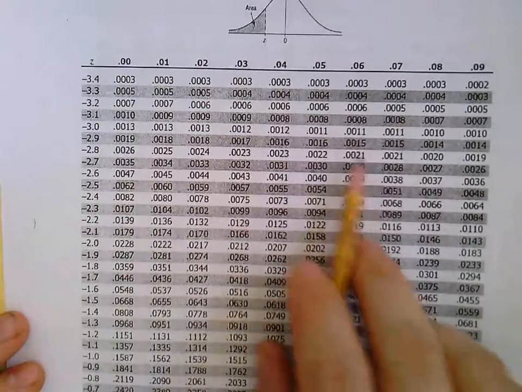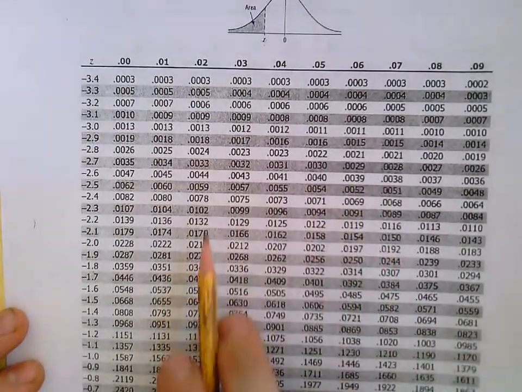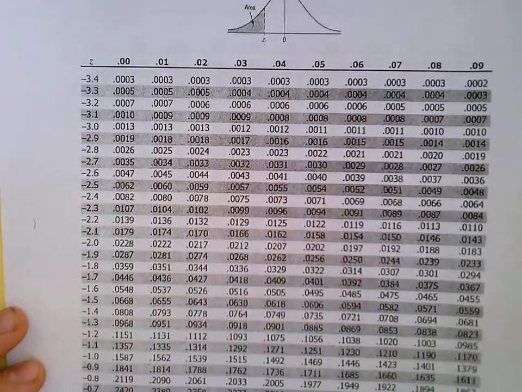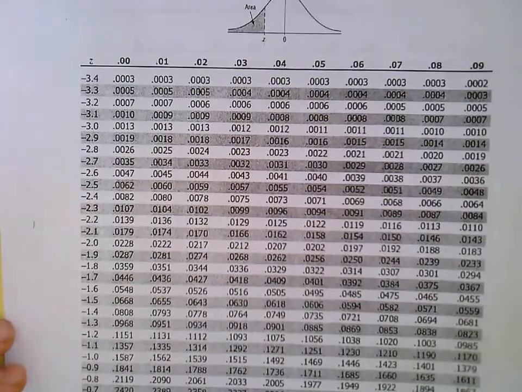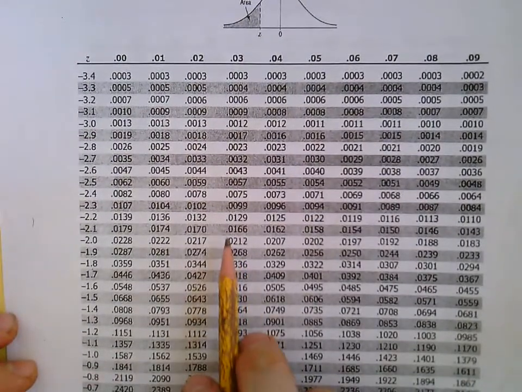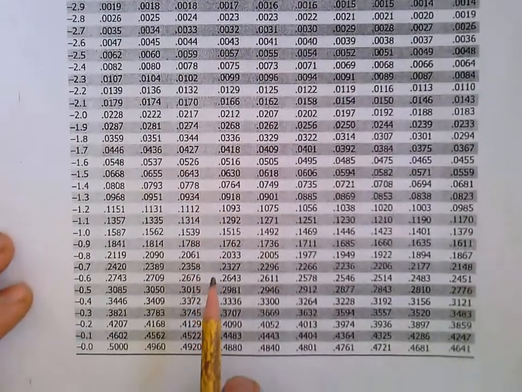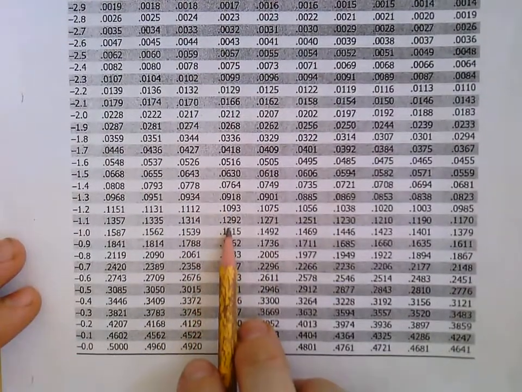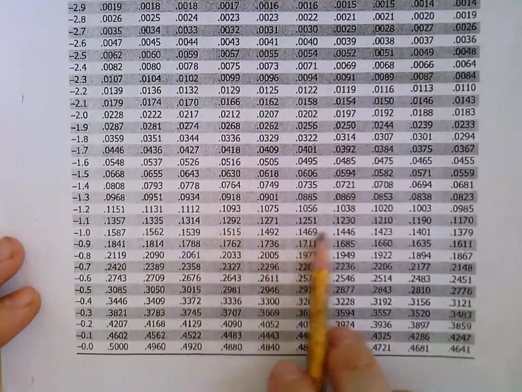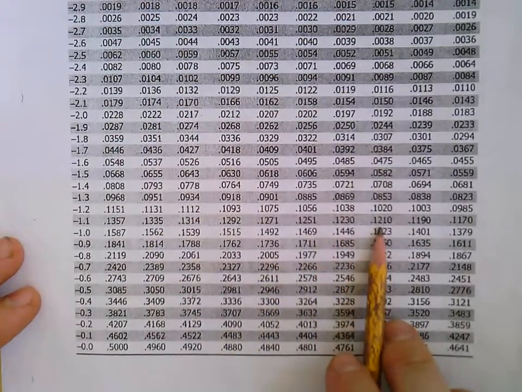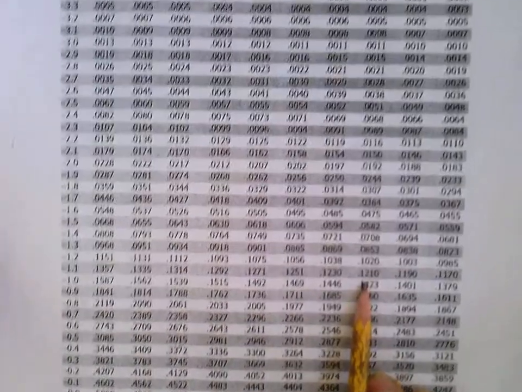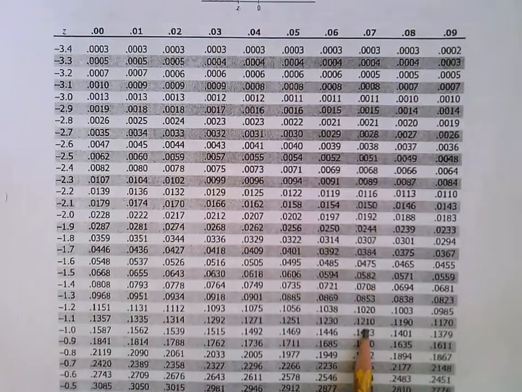Okay, so we're looking in the middle of the table for 0.1210, 12.1%. Let's see if we can find it. Let's see, so this is 0.0, we need 0.1, 0.12, 0.1210, there it is. There's 12.1%. Okay. Where did that come from?